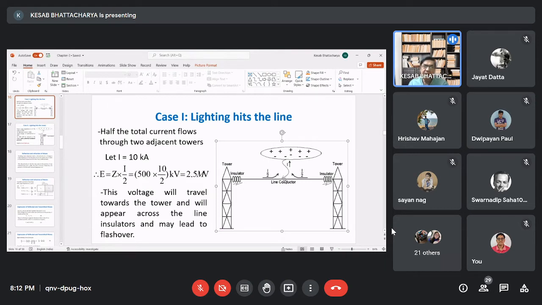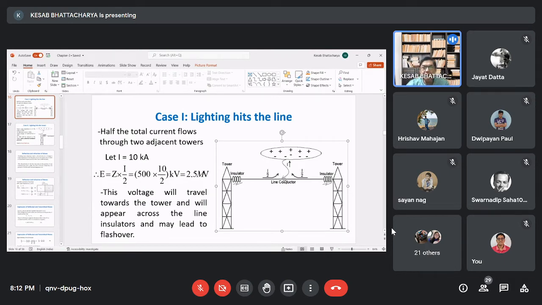If you find out the insulation level for even 11 kV, it is 75 kV. For 33 kV, it is 166 kV, or like this, I am telling you.